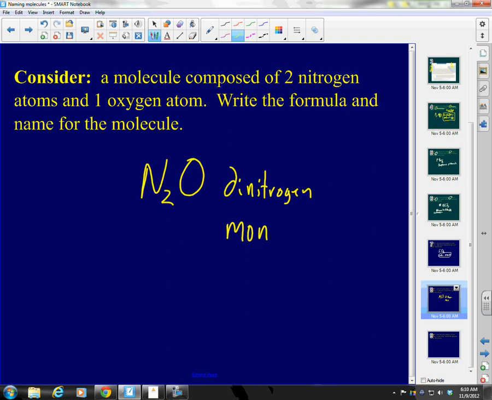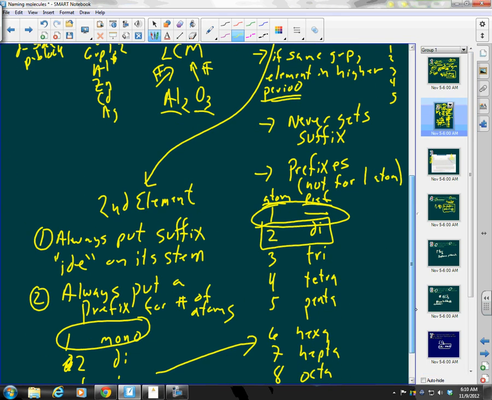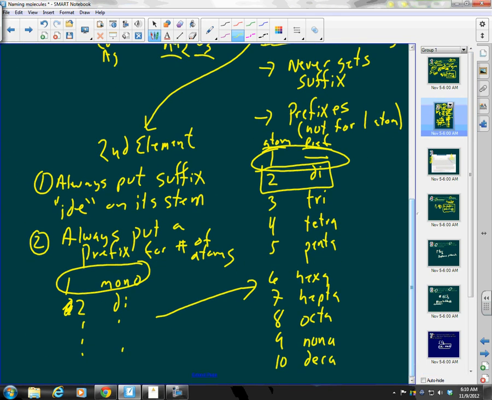Now here's a little change. Okay. Let's add a little tiny note here with my prefixes on my second element.